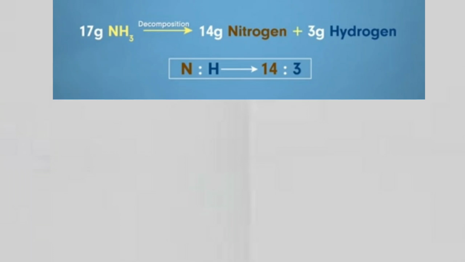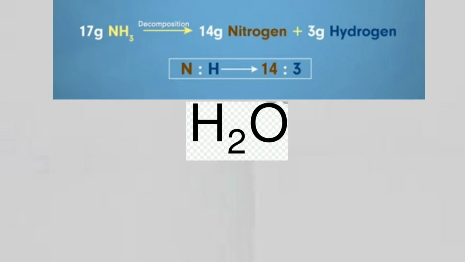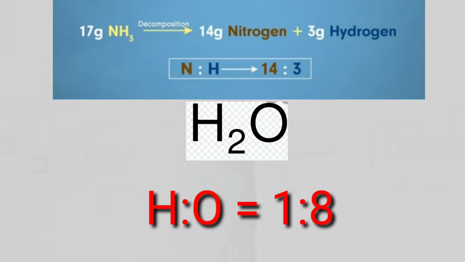Before this, we had seen the decomposition of ammonia, that is 17 grams of ammonia, which when decomposed produces 14 grams of nitrogen and 3 grams of hydrogen. Therefore, we get the ratio as 14:3. Now, taking water: when 100 grams of pure water is decomposed by passing electricity, we get 11 grams of hydrogen and 89 grams of oxygen.